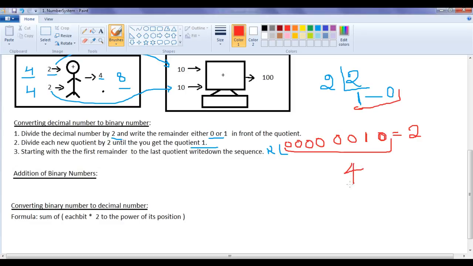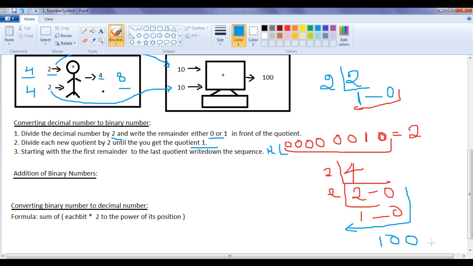So 4, you write a 4 divided by 2. 2 2s are 4, remainder will be 0. Then 2 1s are 2, remainder will be 0. Then what we have to do? We have to write the sequence from first remainder to the last quotient from right to left. So we write here 1 0 0. This is actually 4.